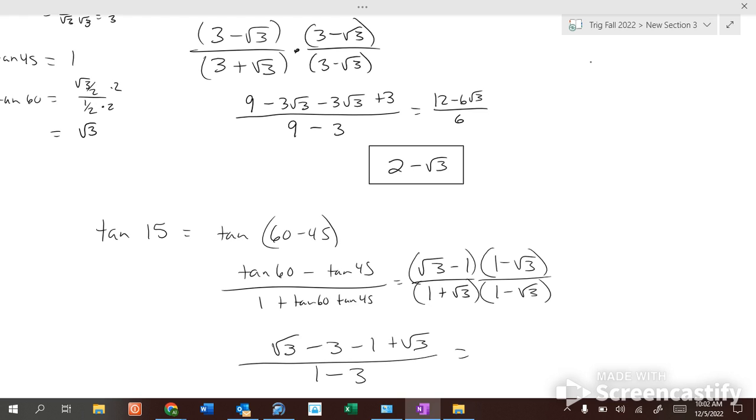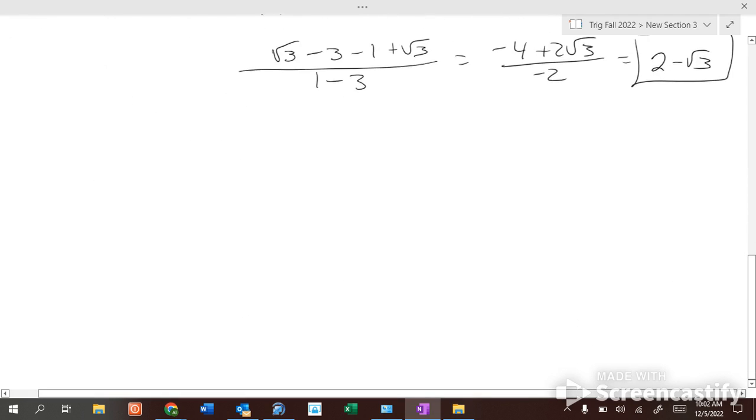So we get negative 4 plus 2 square root of 3 all over negative 2. If we divide everything by negative 2, we get a positive 2 minus the square root of 3. Okay? So we get the same answer. It's just a different route that we took.